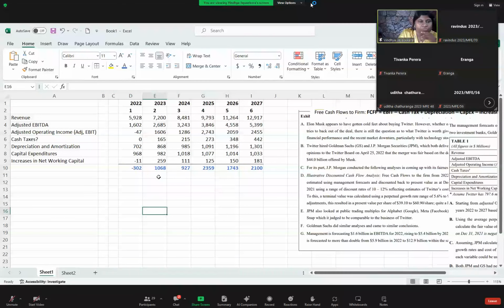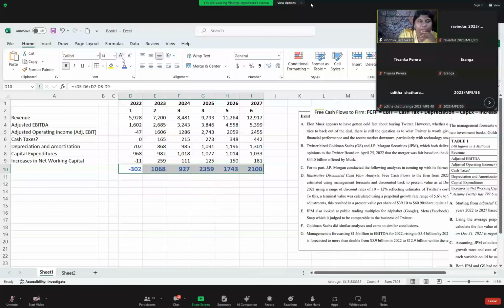So this is the answer to the first part, right? This 302. Just make sure that's correct, because that's not the answer that we got earlier, but this should be the answer, minus 302 for 2021.